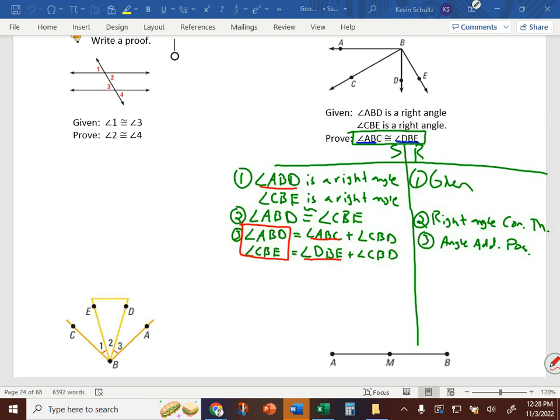These two angles are congruent. We've established that, right? So because they are congruent, and because ABD is congruent to angle ABC plus CBD, in my next step I'm going to switch what you said slightly. You're heading in the very right direction. We can't get there directly. I'm going to replace CBE with ABD, and say that angle ABD is equal to angle DBE plus angle CBD.